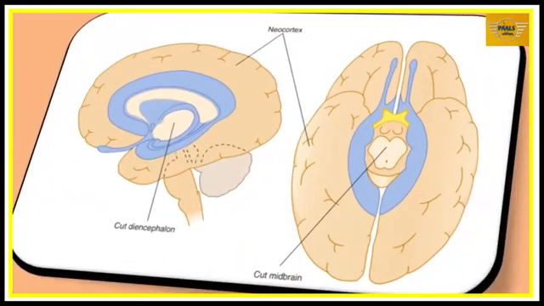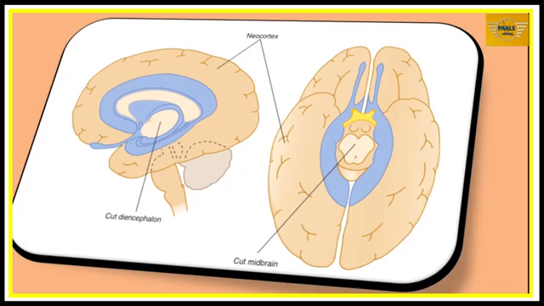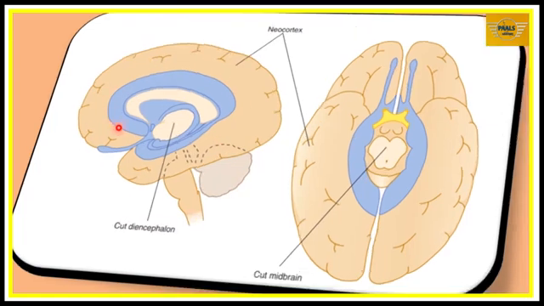Let's look at the diagrams we have. Here, this part of the diagram is a sagittal section, and we're looking at the medial view. The blue colored areas are the components that make up this limbic system. If you look at this diagram, this is a section of the midbrain.